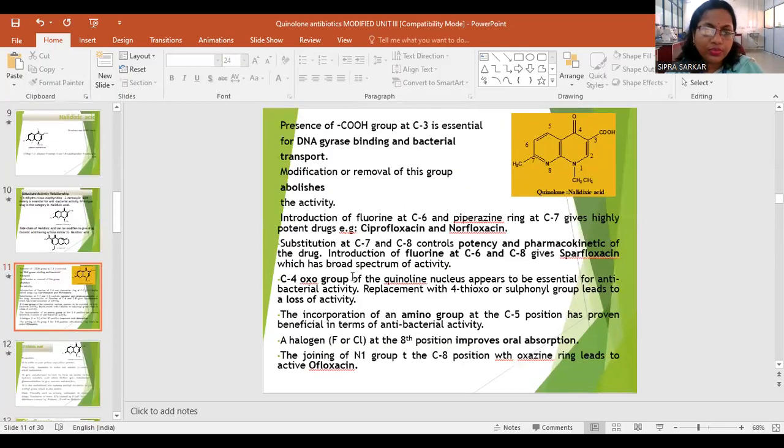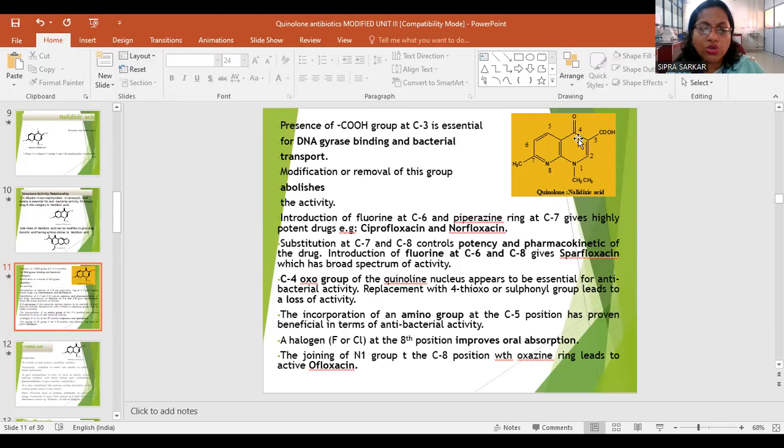Norfloxacin also. Substitution at the C7 and C8 positions controls the potency and the pharmacokinetics of the drug. Introduction of fluorine at C6 and C8 gives lomefloxacin. If fluorine is introduced at both C6 and C8 positions, the drug is known as sparfloxacin, a broad spectrum antibiotic.